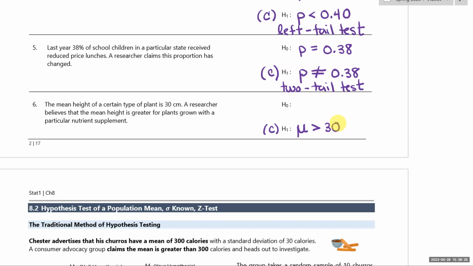So if I do a study, I would expect my sample mean to be greater than 30, significantly bigger than 30. So if I want to be convinced this is true, I'll be looking for numbers to the right of it on a number line. So numbers bigger than 30 are to the right of it. So we call that a right tail test. And then the null hypothesis is the equal 30.